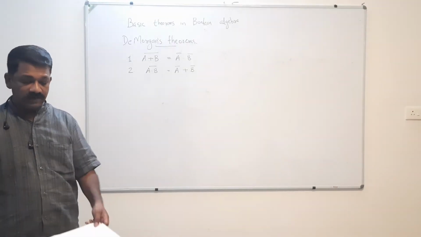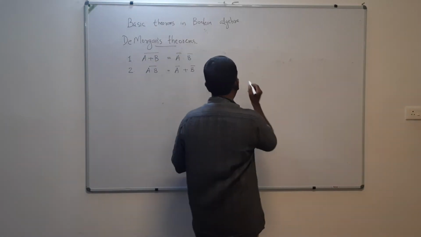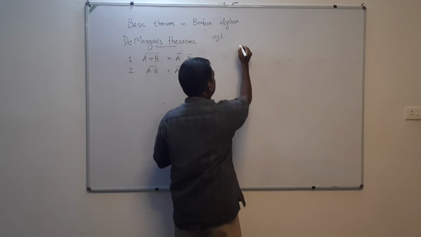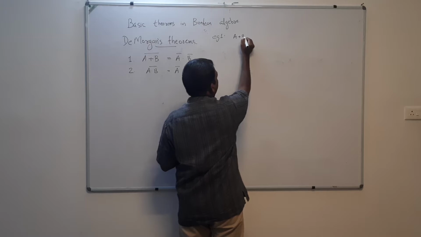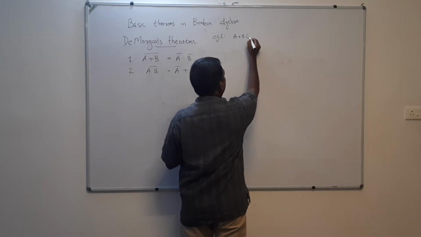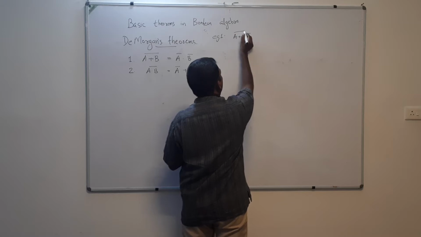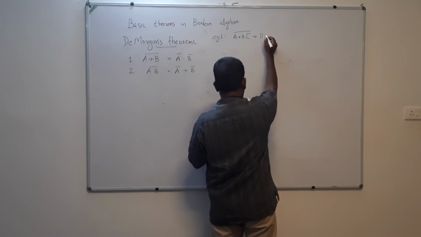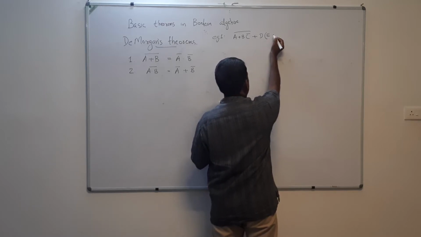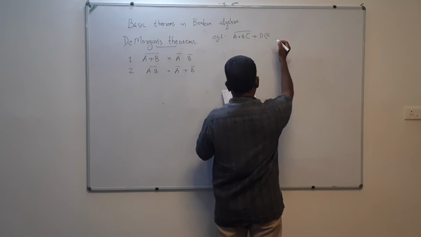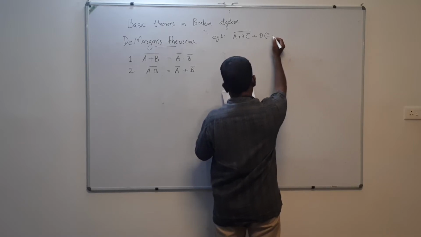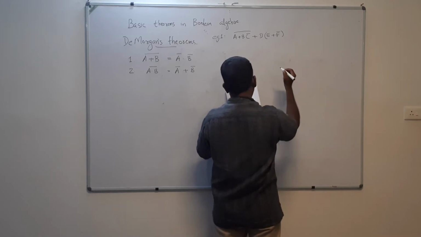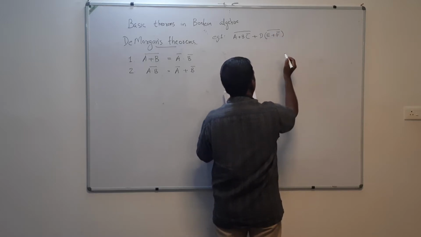Example 1. That is, A plus B C bar the whole bar, plus D into E plus F bar, the whole bar.